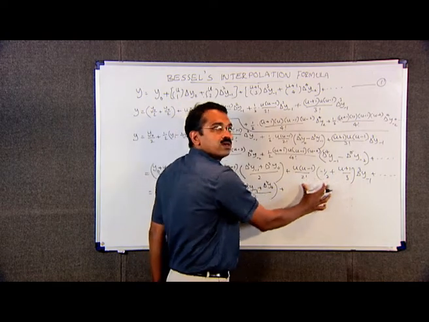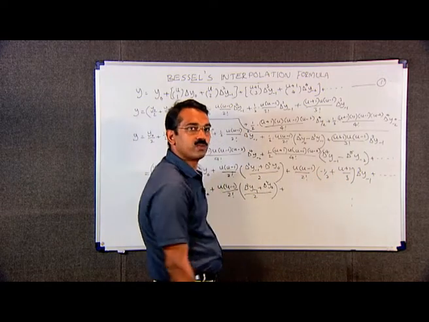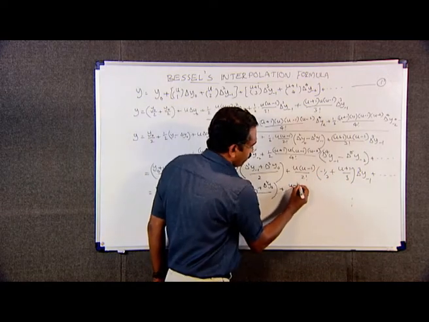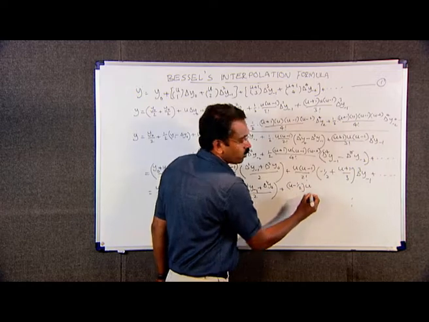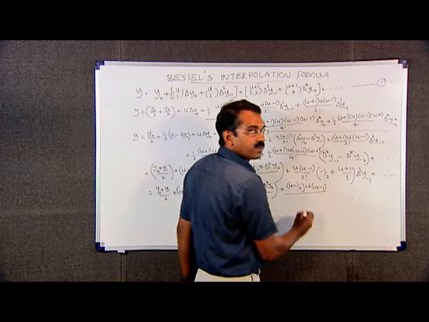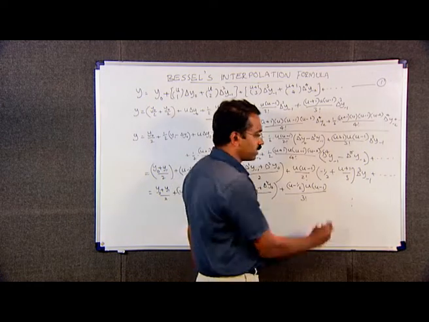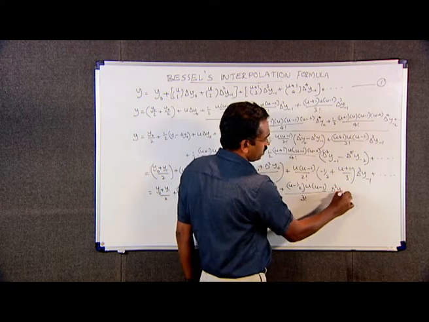We can write this term as u minus 1 by 2 into u minus 1 divided by 3 factorial into delta cube y minus 1.